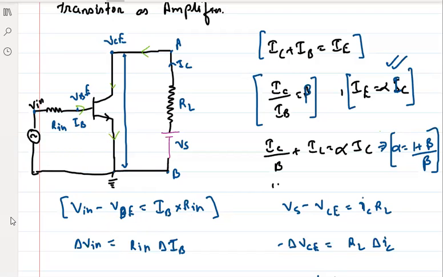Now, if I want to find the change, since VBE is constant, the change in VBE will be 0. So can I say that delta VIN is RIN into delta IB?